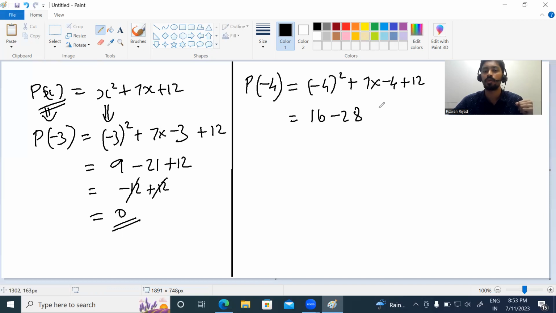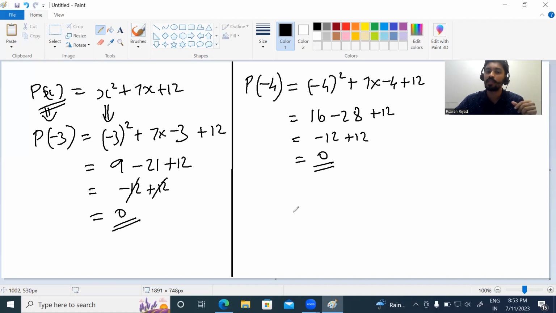So 16 minus 28 plus 12. What is 16 minus 28? It is minus 12. So minus 12 plus 12, again this is equal to 0. That means after putting minus 4 also in the place of x, the entire polynomial reduces to 0. So we can conclude that minus 4 is also a 0 of this polynomial.